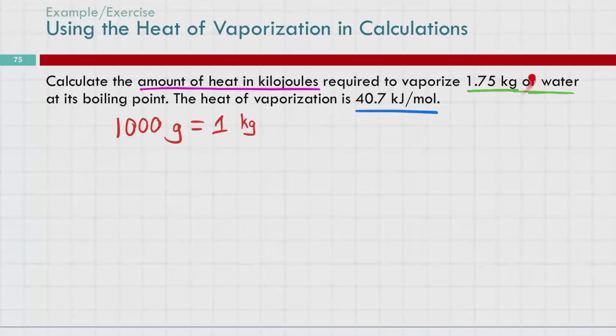So starting with our kilograms of water, because heat of vaporization has the kilojoules in it, but it also has moles, that tells us that we need to multiply. Since it's kilojoules over moles, we need to multiply by moles, this number, by moles, to get rid of the moles, and then that'll unlock the kilojoules that we want.